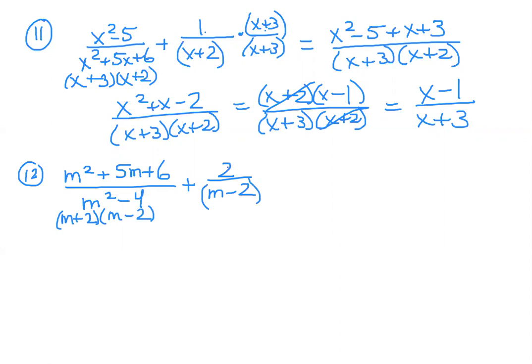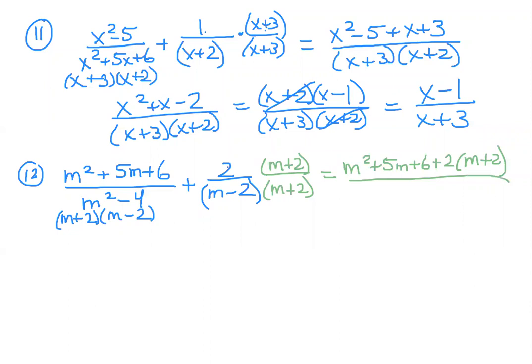So that means we're going to have to multiply this one by m plus 2 over m plus 2. And we're left with m squared plus 5m plus 6 plus 2 times m plus 2 over m minus 2, m plus 2. And we might as well leave the denominator factored.